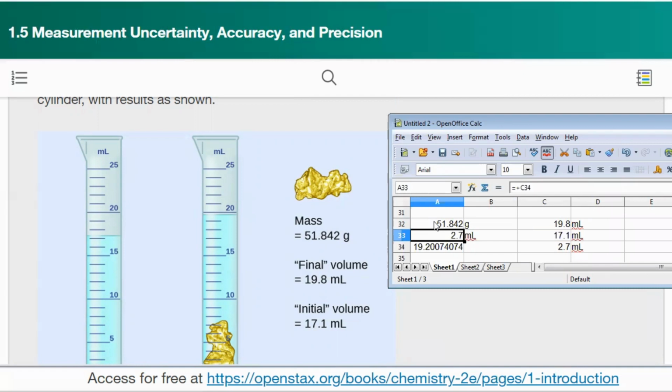Okay, so the final volume has 1 place after the decimal, and we only have 2 significant figures in the denominator. The numerator has 5 significant figures. So the final result should only have 2 significant figures.